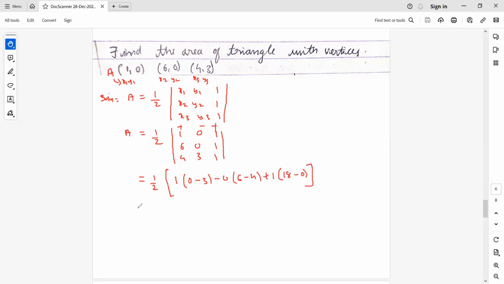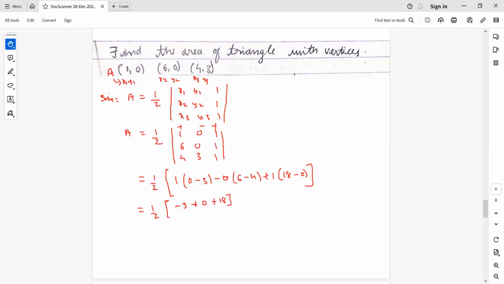On simplifying the bracket, the first will be minus 3, and 0 into any number will be 0, so plus 0, and then 1 into 18 is equal to 18.